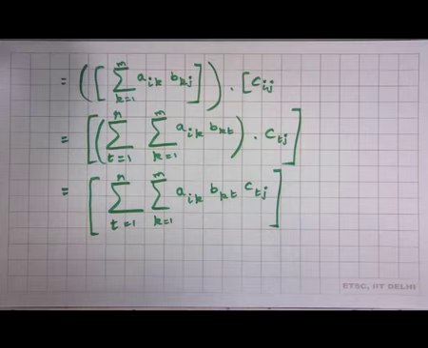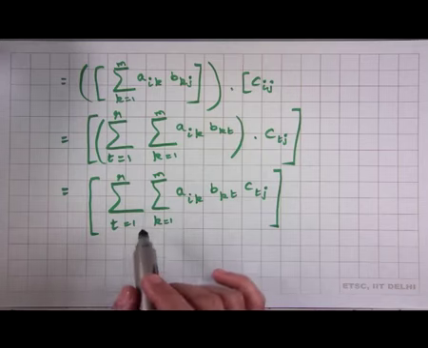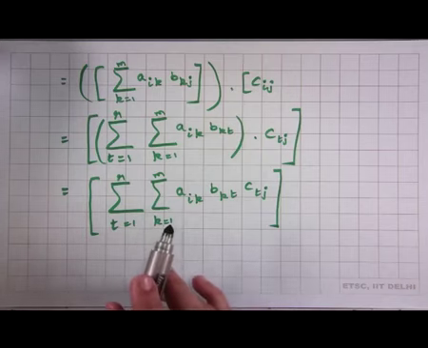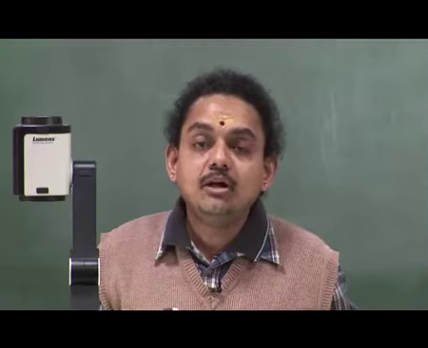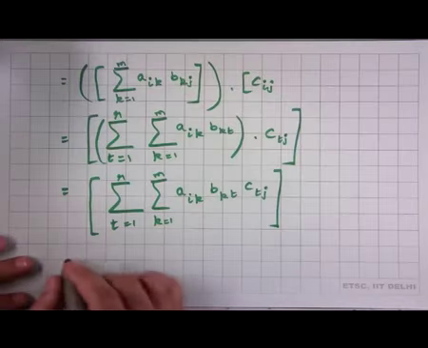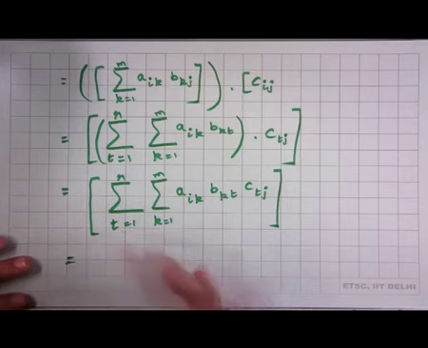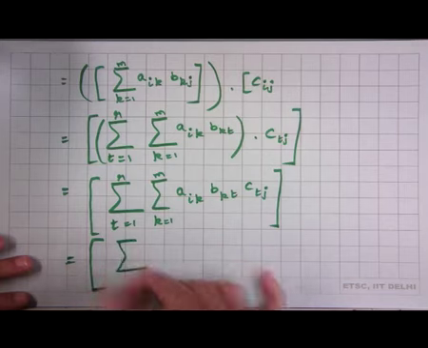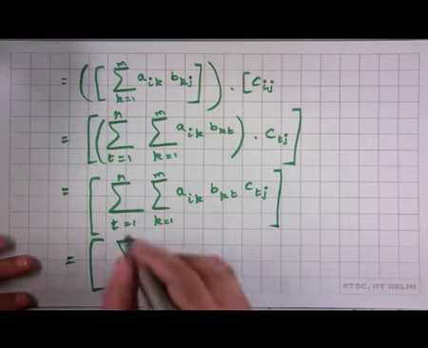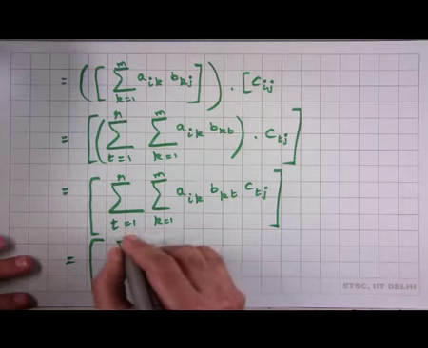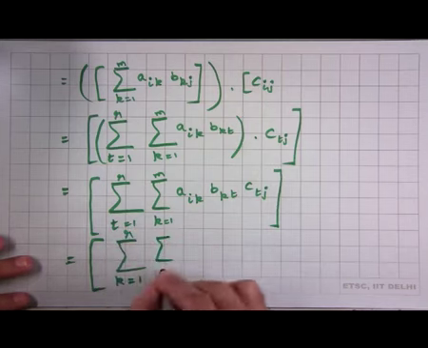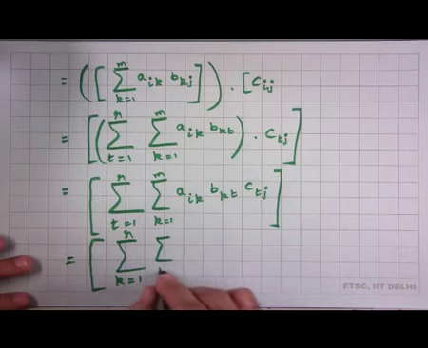Right now, what you will have to notice is the following. We will have to notice that this is the same as what we had for the expression for a dot b dot c. So, how to compare it? What we will do in this case is let us interchange the roles of t and k, because they are just dummy indices. So, I will replace t by k and k by t, k equal to 1 to r and t equal to 1 to m.